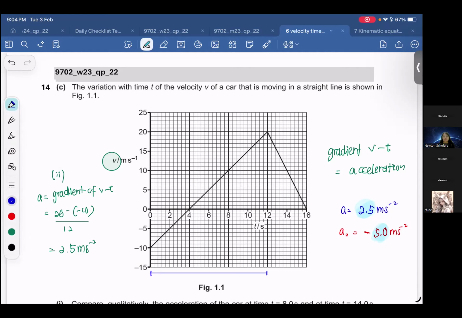Chloe, correct. How about others? Clement, no. Okay, this is the distance traveled. Always remember the area under the graph. Is the graph towards your x-axis? Then here 12, so this is the distance under the graph, this part.